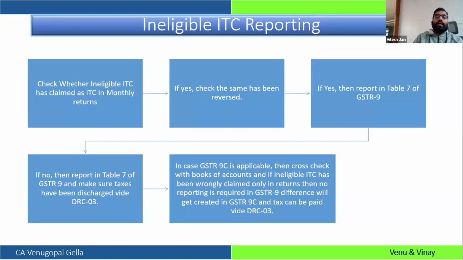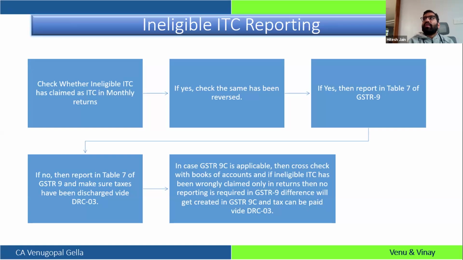Now, moving on to the topic of ineligible ITC reporting. Suppose there is an ineligible ITC. So what we need to follow there is, firstly, we need to check whether ineligible ITC has been claimed in the monthly returns.